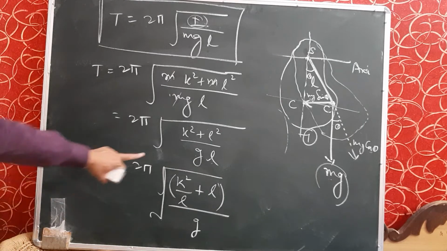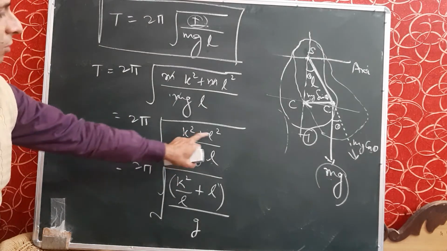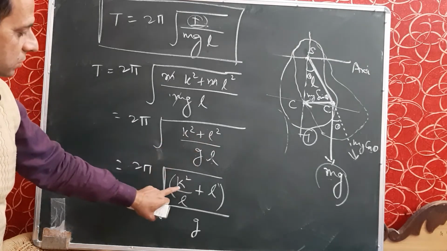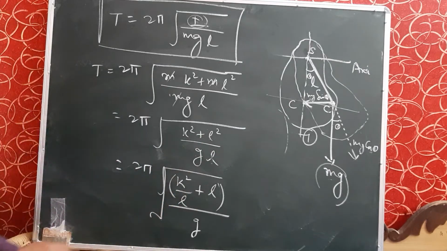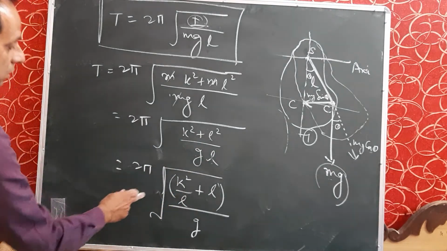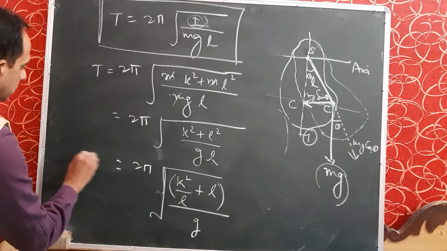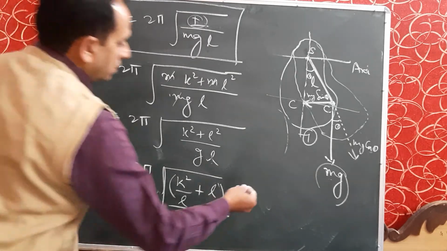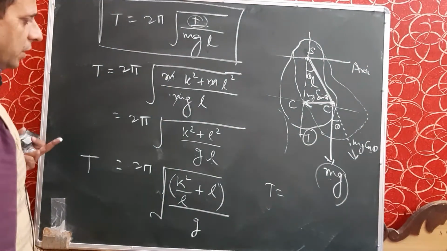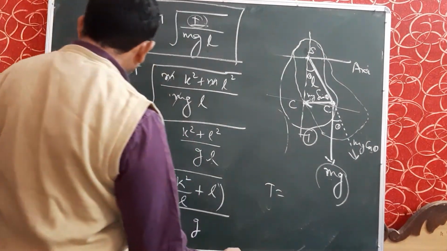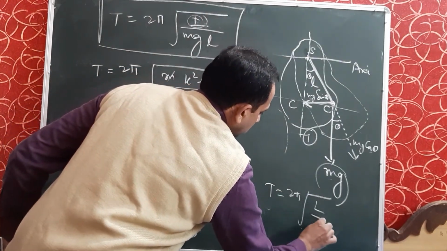So I have rewritten this equation like this. I am dividing the two terms by L: K² by L plus L² by L, that is L, over g. Basically I am doing this only to compare this time period formula with the standard formula. You know that the time period formula T for a simple pendulum is 2π under root L over g.